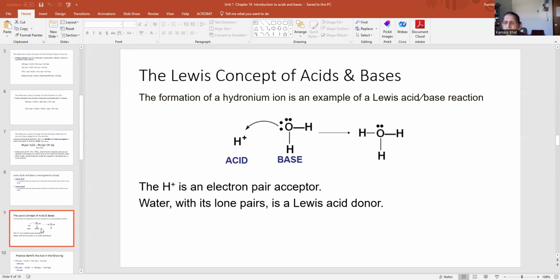The formation of the hydronium ion, H3O plus, is an example of a Lewis acid-base reaction. The proton, H plus, can accept a pair of electrons donated by the water molecule to form the H3O plus ion. And this is a Lewis acid.